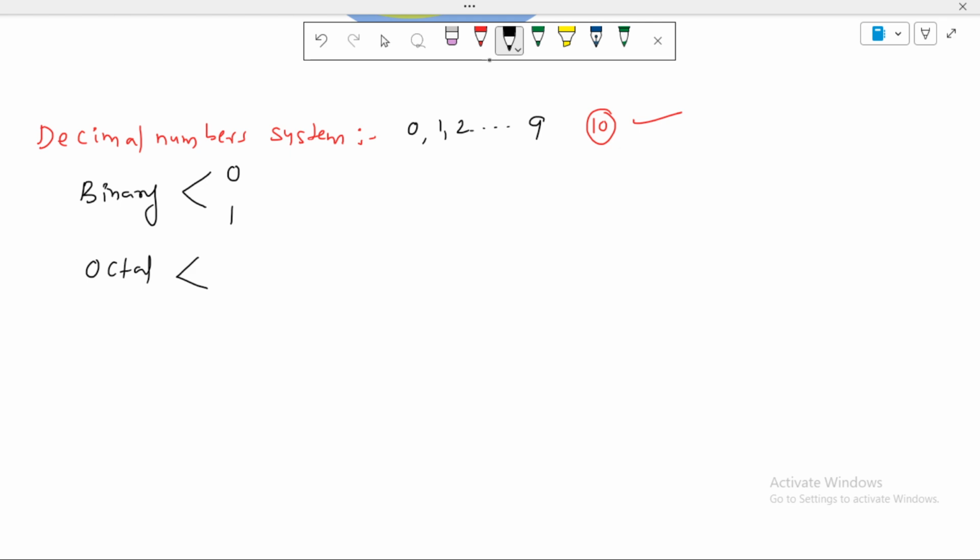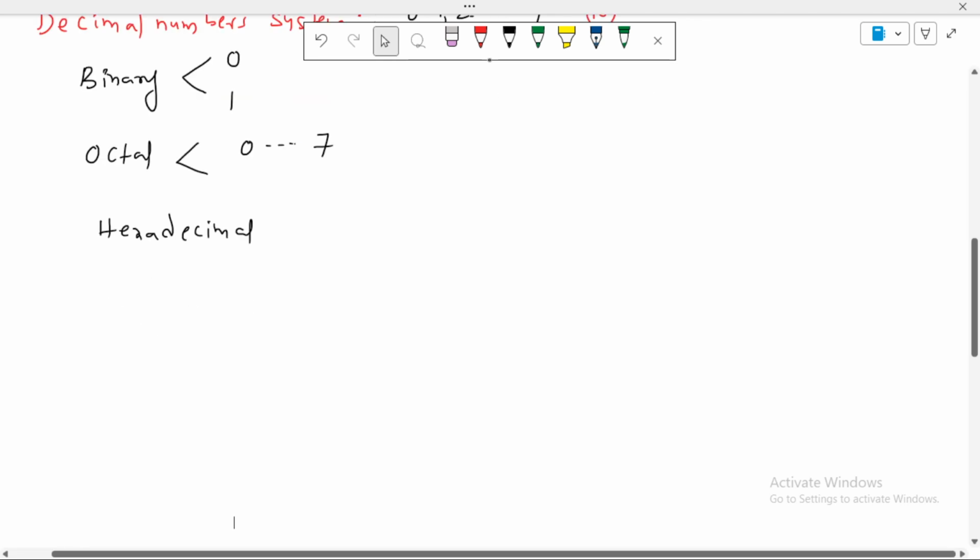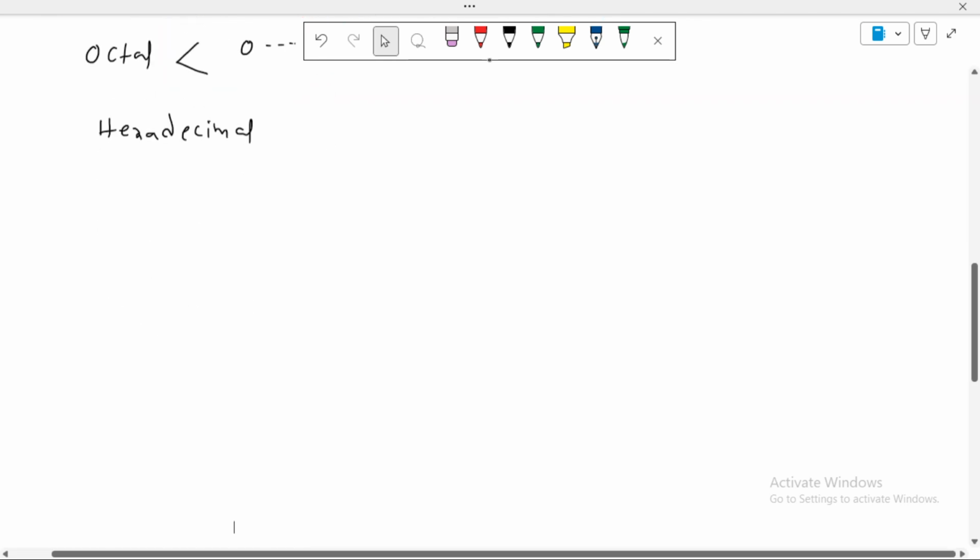If we form any number with the digits from 0 to 7, 8 digits, then it is called the octal system. Similarly, we have the hexadecimal system. If we form any number with a combination of 16 digits and alphabets, then it is called the hexadecimal system.